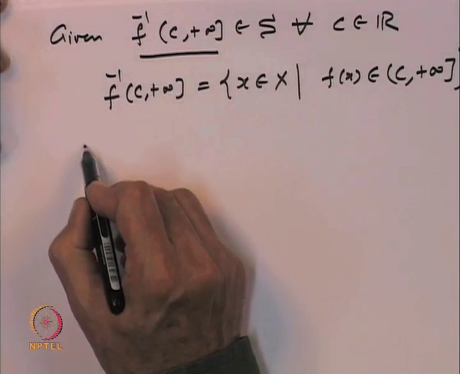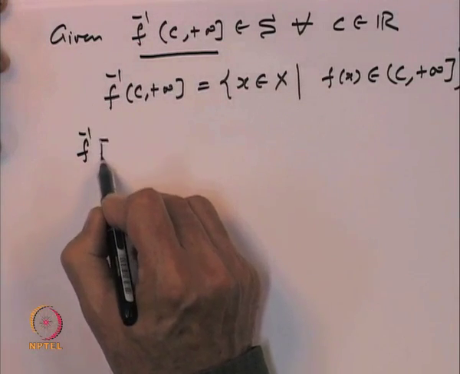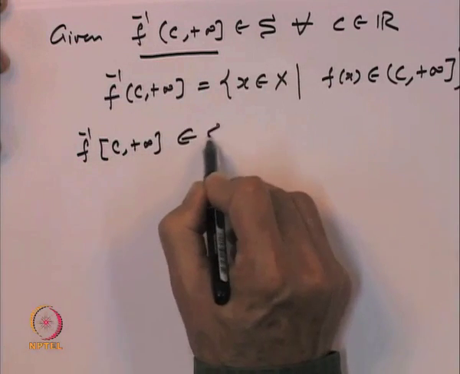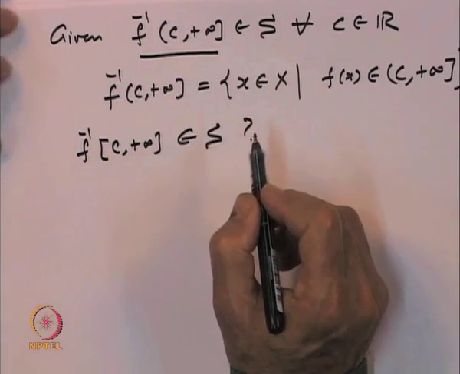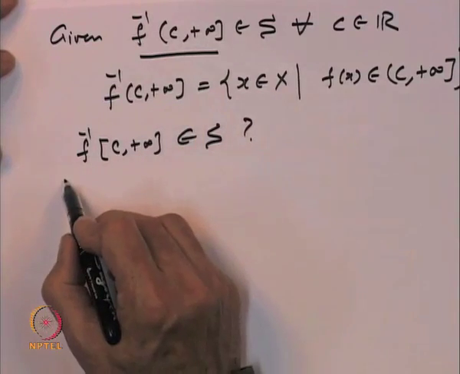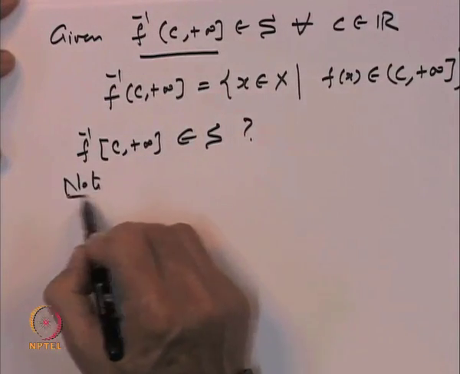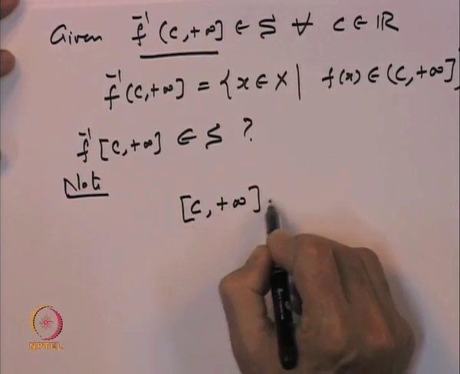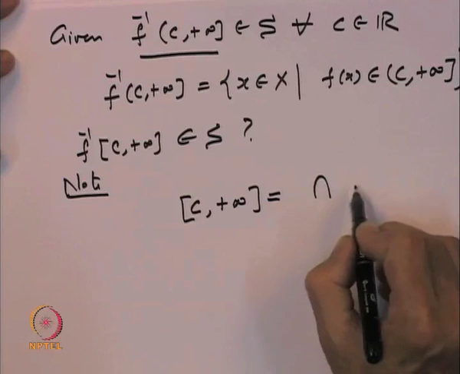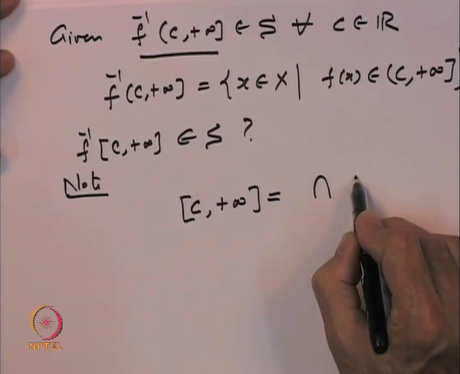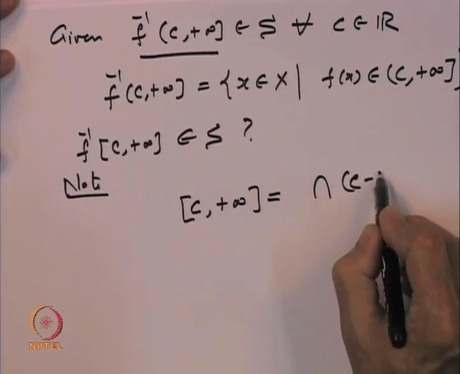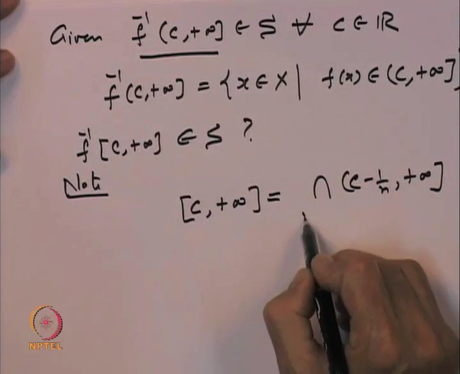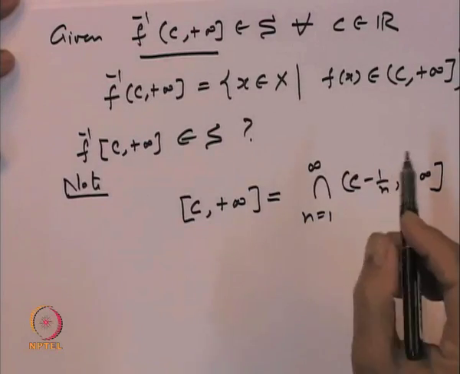So, we want to look at f inverse of the closed interval [c, plus infinity], and we want to show that this belongs to S. To show that, let us observe the simple set theoretic equality, namely the closed interval [c, plus infinity] can be written as the intersection of the open intervals (c - 1/n, plus infinity), and look at the intersection of all these intervals.